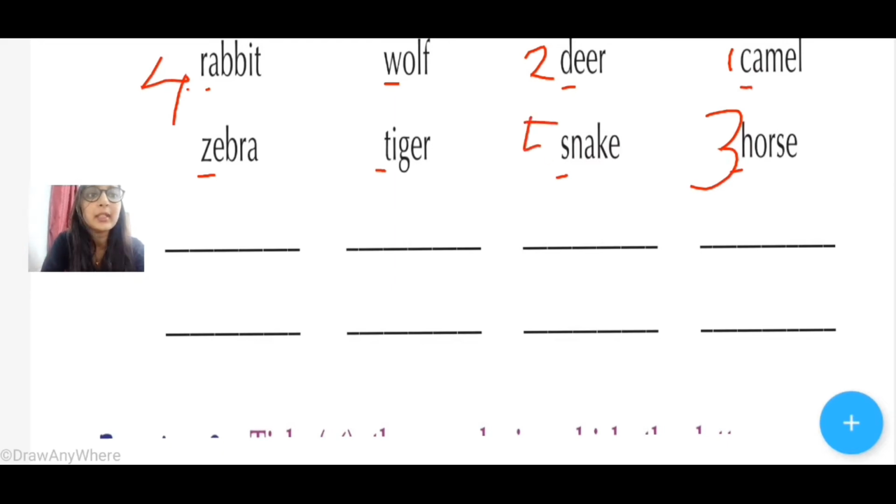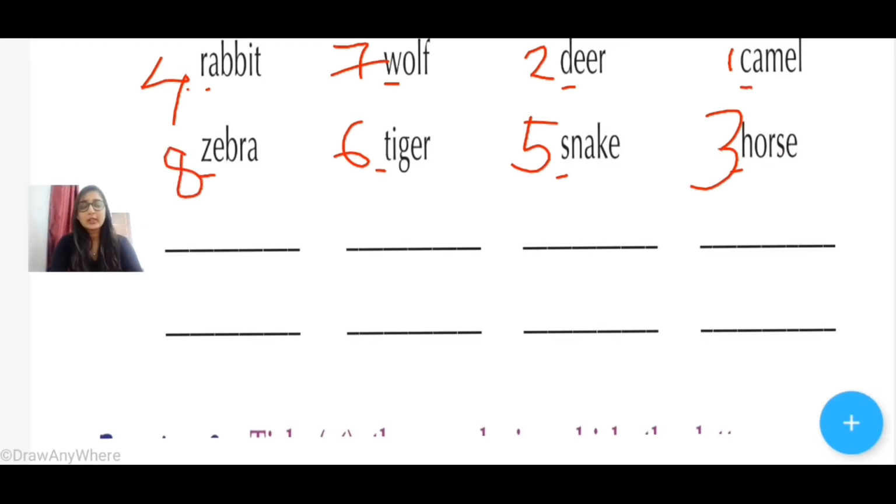So snake will be 5. T. We have tiger. So tiger will be 6. U, V, W. Wolf will be 7. And the word which is left will be your last word, which is 8.